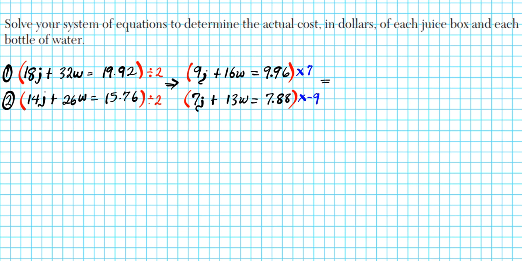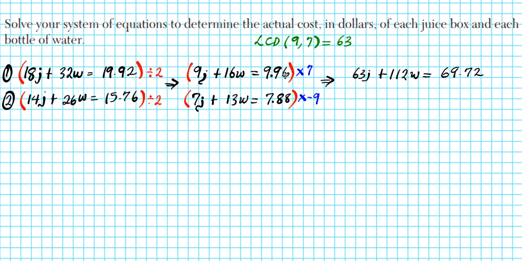If you're confused as to what you want to make the coefficients into to eliminate, just find the LCD. So what I did is I determined the LCD of 9 and 7 to be 63. I said I want to make the first one 63 and the second one the opposite of that, negative 63. So when we multiply, we're going to get 63j plus 112w equals 69.72.